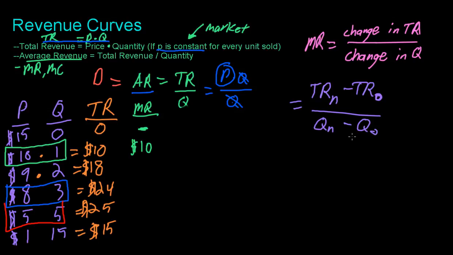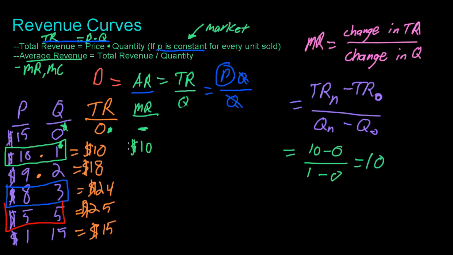So putting that into practice for this first one, and I'll do this in green because I calculated this in green, the new total revenue was 10, minus the old total revenue, which was 0, divided by the new quantity, which was 1, minus the old quantity, which was 0. So 10 minus 0 is 10, 1 minus 0 is 1, 10 over 1 is 10.